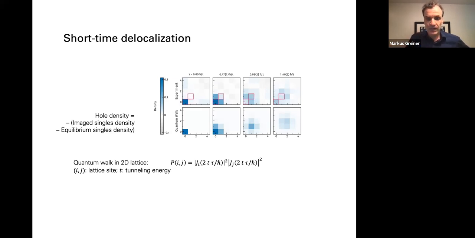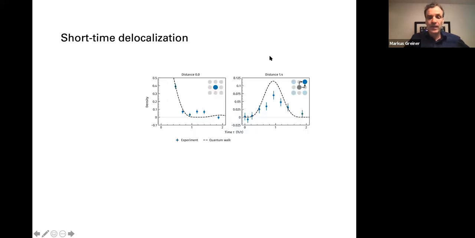And of course, that's exactly what you would expect. Because what happens is, in a quantum walk, if the particle, for example, tunnels from its original site to another site that's off by one diagonally, you have multiple paths that interfere, that lead to that final place.